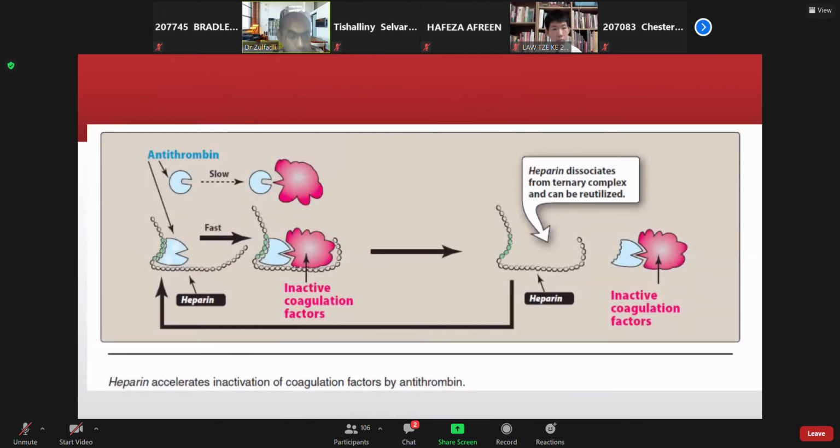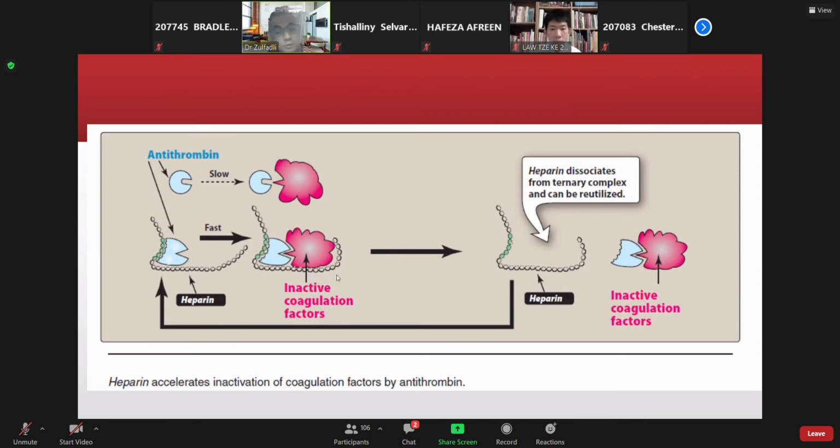So this schematic diagram shows you the action of heparin. Heparin accelerates inactivation of coagulation factors by antithrombin. This is the antithrombin. Physiologically, antithrombin can inactivate the coagulation factors, but slowly. In the presence of heparin, heparin binds to the antithrombin and accelerates it 1,000 fold to inactivate the coagulation factors.